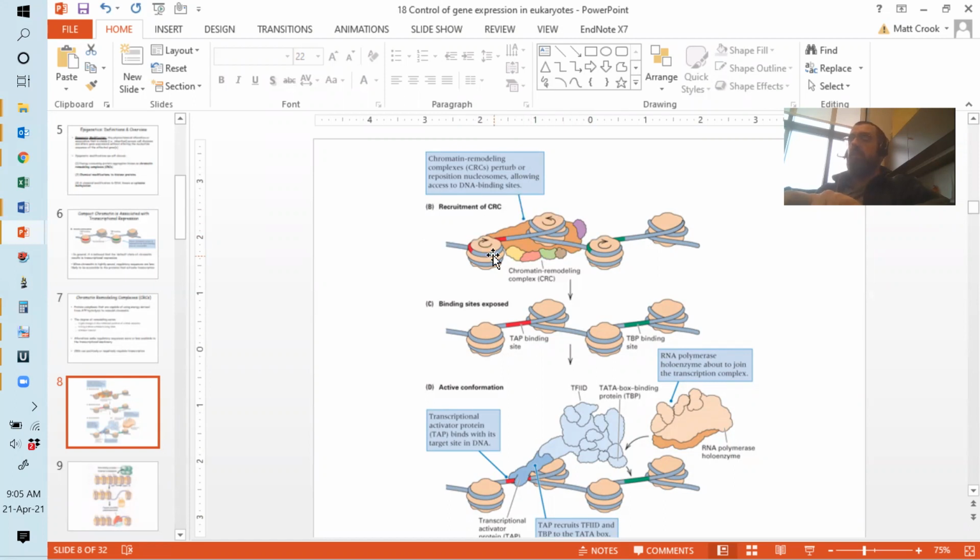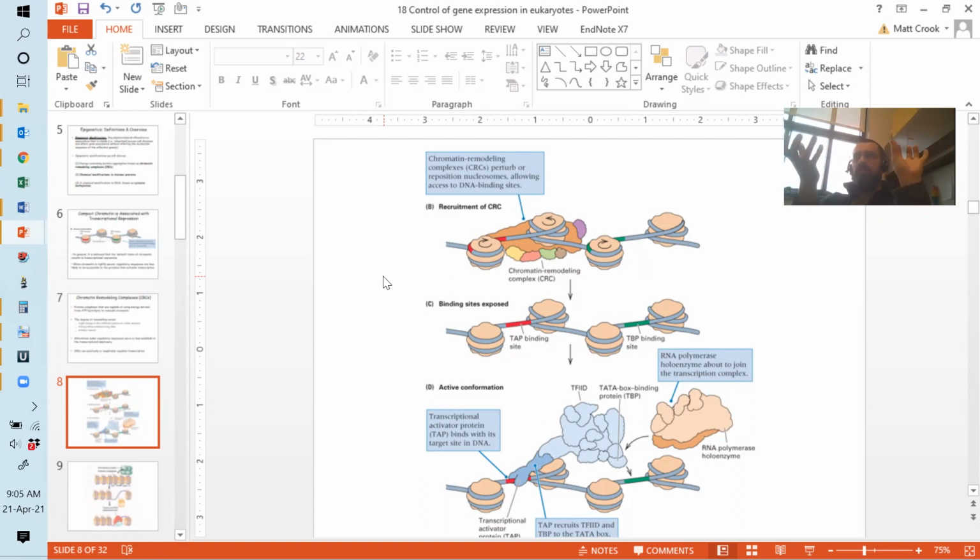this chromatin remodeling complex comes in, and with the aid of ATP, this is a rotational deal. Imagine DNA is wrapped around the histones and a binding site is tightly bound to that histone. Even though the DNA is there, the transcriptional activator protein and the like can't come in and bind to it because it's stuck to something.